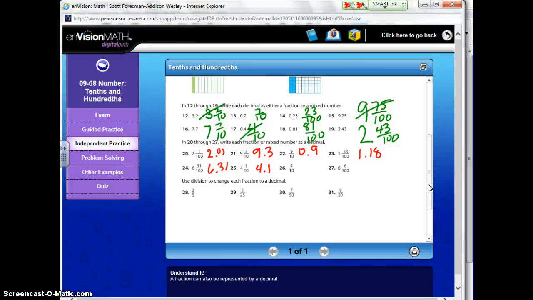I know it's tough to see. 4 over 10. I wish I could make it bigger. I can't. 9/10 is 0.9. What would 4/10 be? .4. Good job, Brendan. Stay with me now, bud.